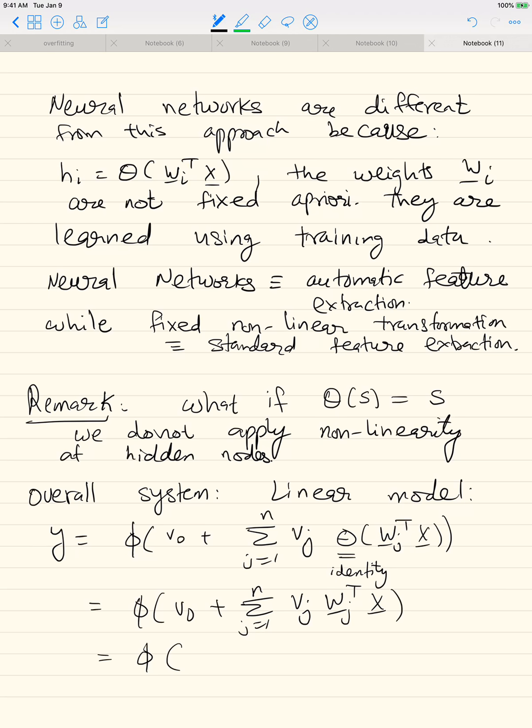If we take x outside the summation, then this is W effective transpose times x, where W effective is the summation of j going from 1 to n Vj times Wj. So this is just the standard logistic regression, for example.